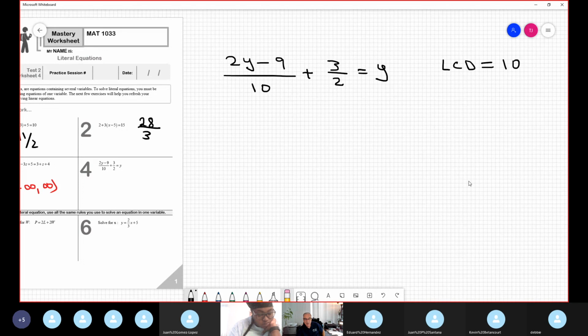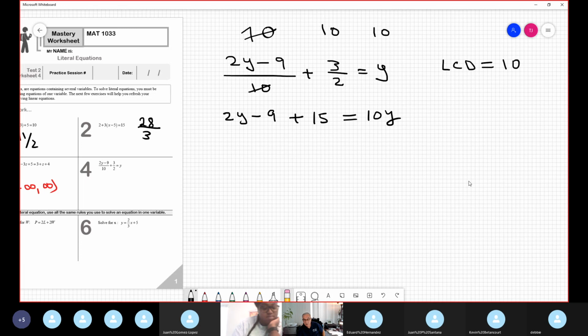If you multiply the entire equation by 10, one 10 here, one 10 here, and one 10 here, this 10 is cancelled. Stay only 2y minus 9 plus something. Now 10 times 3 is 30 divided by 2 is 15. Either way, 10 divided by 2 is 5 times 3 is 15, equal 10y.